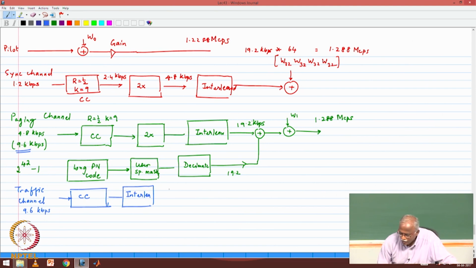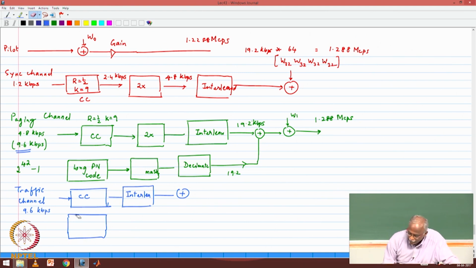Okay. Now some very unique thing is happening. What it does is this data is also scrambled by, oh, I'm sorry, I did make a mistake. This is not user specific. It's a mask. Basically, it is for all the users in the system.